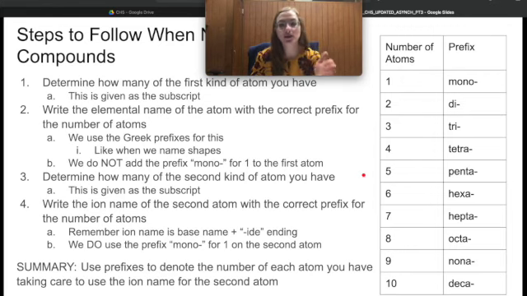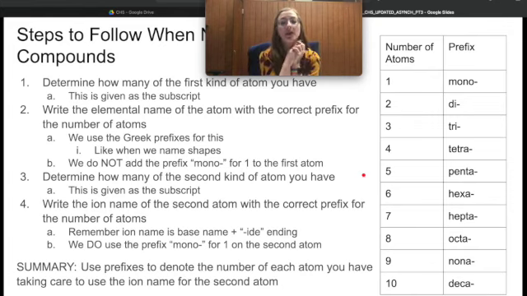We also need to look at the second atom. Deal with the first atom first, the second atom second. You need to determine how many of the second kind of atom you have. This is given as the subscript again, same thing. Then you attach your prefix to the ion name, with that IDE ending.